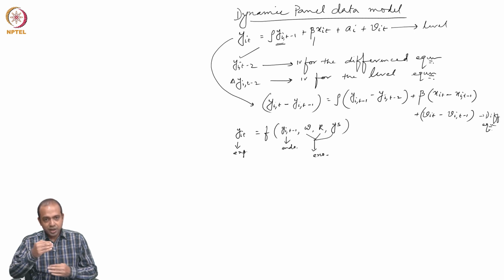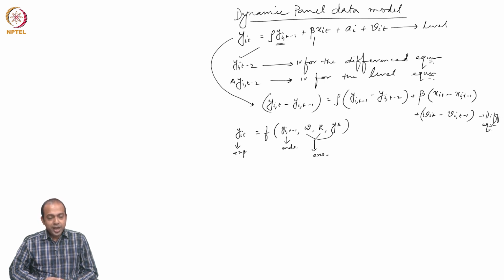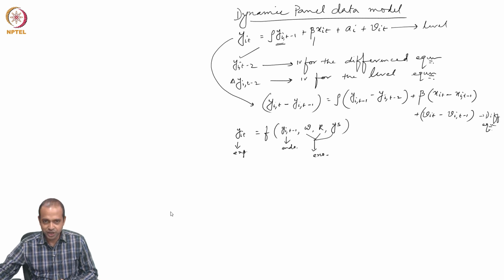So, labor demand and supply determine equilibrium wage and employment. If that is the case, we can model W and K also as endogenous variables along with yit minus 1. And if we do so, our estimates change drastically.